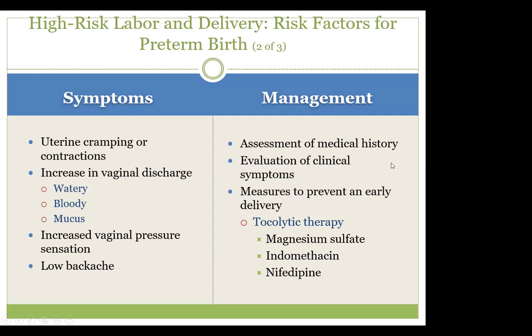Management of preterm labor, okay, always assessment of medical history, evaluation of these clinical symptoms, all these things that they're listing over here. And then some things they can do to prevent early delivery or stop labor. One of the big ones is tocolytic therapy or medication therapy. Mag sulfate is one of those medications.